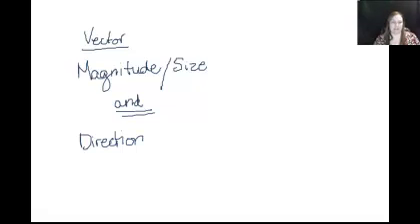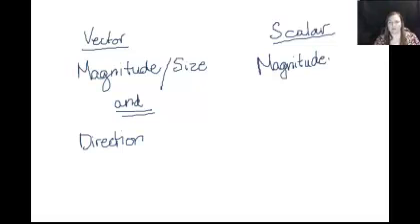Okay, now a scalar differs from a vector. Okay, scalar differs from a vector in that it only has a magnitude, or we could refer to the magnitude as a size.